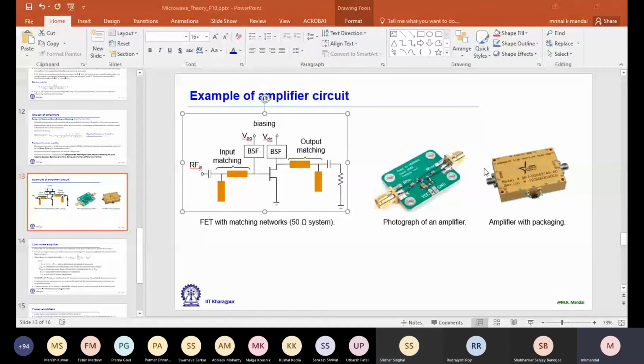In your basic electronics or analog electronics lab, if you recall, IC for your BJT was typically 1 milliampere or less. But for a microwave engineer, to have sufficient gain and higher FT for the transistor, we use much higher current, 30 milliampere, 100, sometimes even 150 milliampere, and so on.